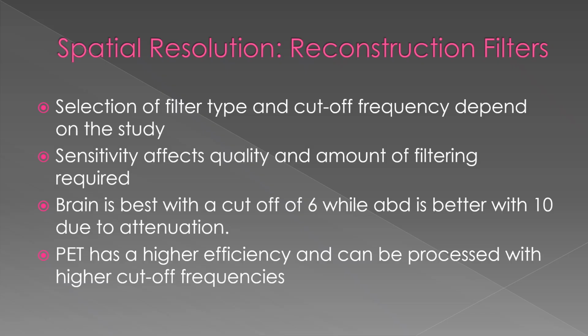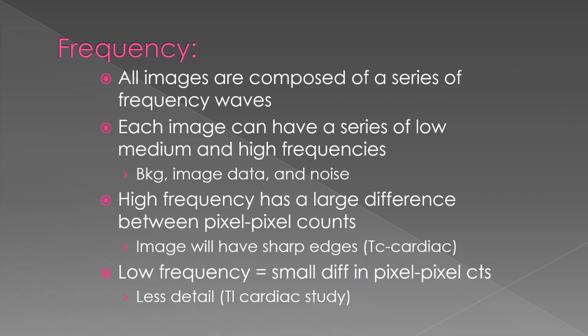And PET has a higher efficiency and can be processed with higher cutoff frequencies. This immediately helps us get better spatial resolution and sensitivity in our images. PET always has better spatial resolution, image contrast, and sensitivity over general nuclear medicine.